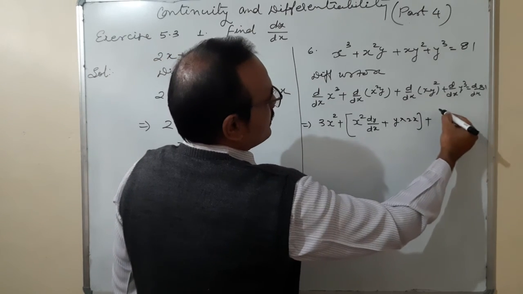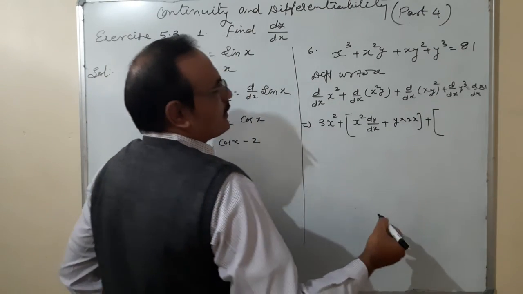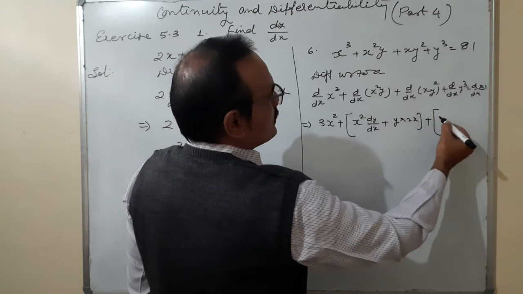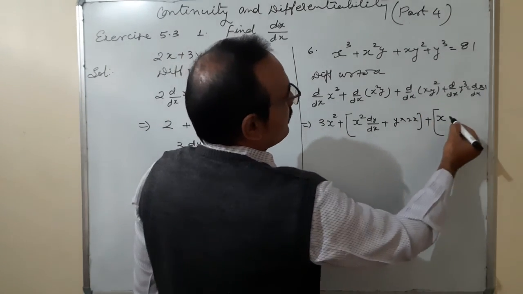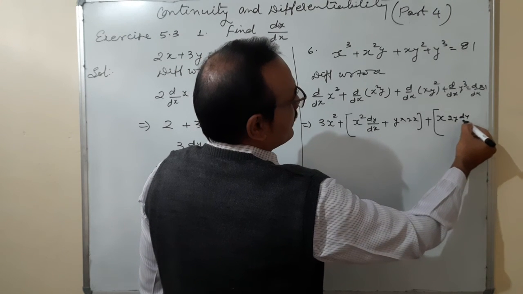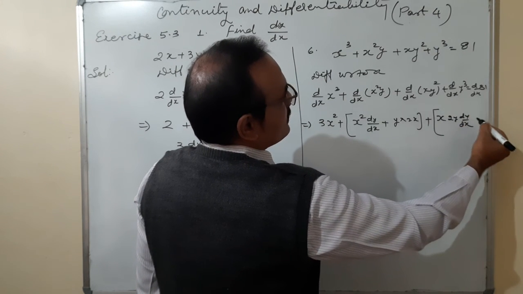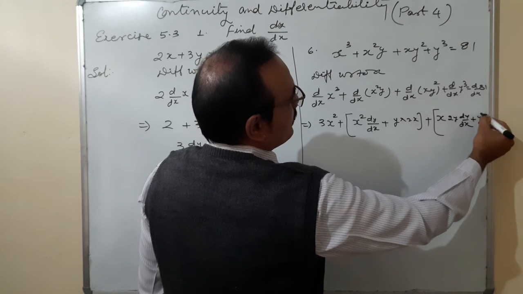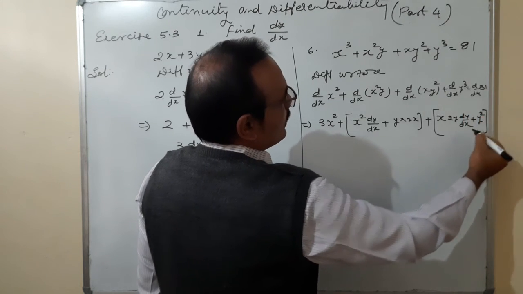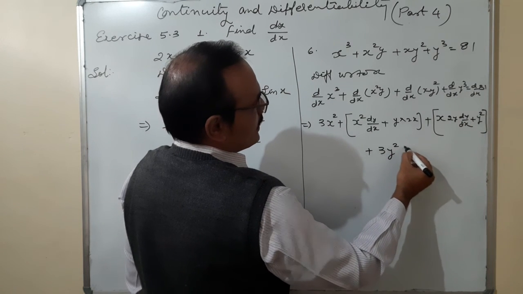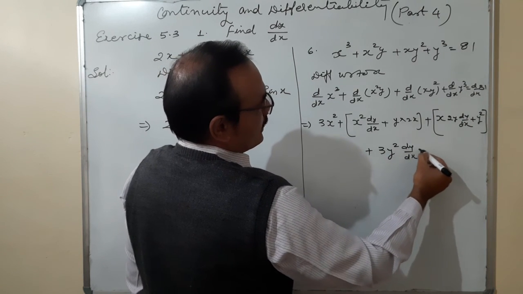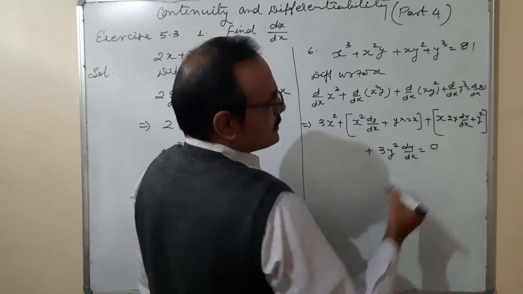Plus, again using the product rule, first function times the differentiation of second function, the differentiation of y square is 2y dy by dx, plus second function y square times the differentiation of x, that is 1. Plus y cube gives 3y square dy by dx, is equal to the differentiation of the constant term, which is 0.